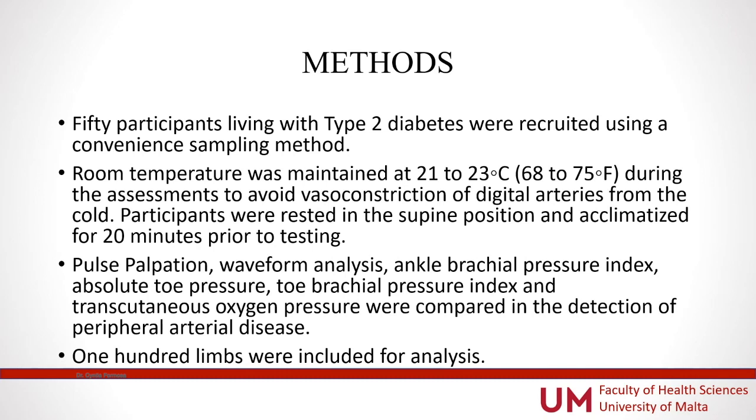Participants were asked to rest in the supine position and to acclimatize to the room for about 20 minutes. Pulse palpation, waveform analysis, ankle brachial pressure index, absolute toe pressures, toe brachial pressure index, and transcutaneous oxygen were all compared in the detection of peripheral arterial disease. We included 100 limbs for analysis.